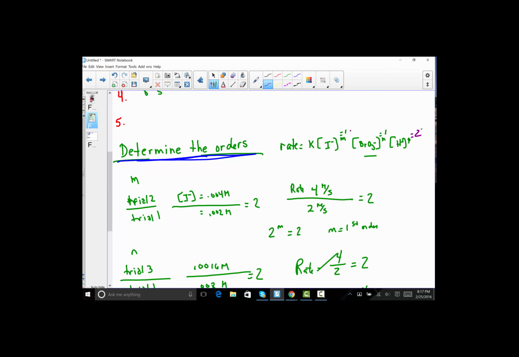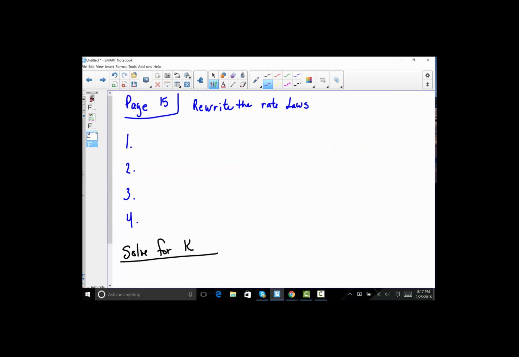That concludes your page 14. Page 15 is rewriting those rate laws but subbing in the exponents. So for example, we found in our first equation the rate was 2 molar per second. We still don't know k.